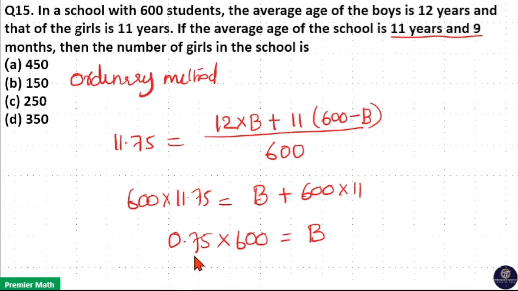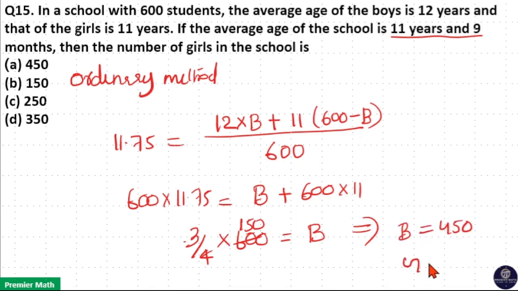Here 0.75 is 3 by 4. Now 4 goes 150 times in 600. 3 into 150 is number of boys. The number of girls is 150. So option B is your answer, because total number of boys and girls is 600. So you can do this question in either way.